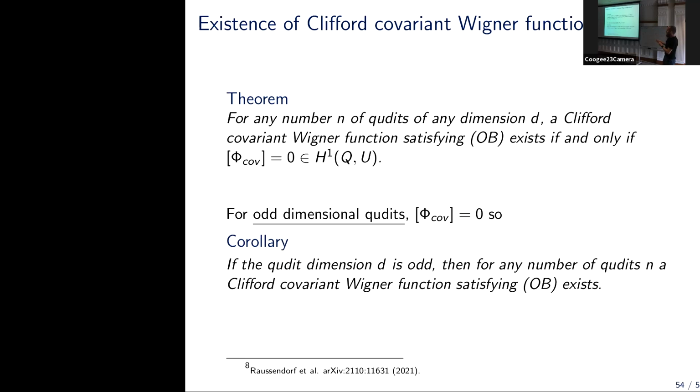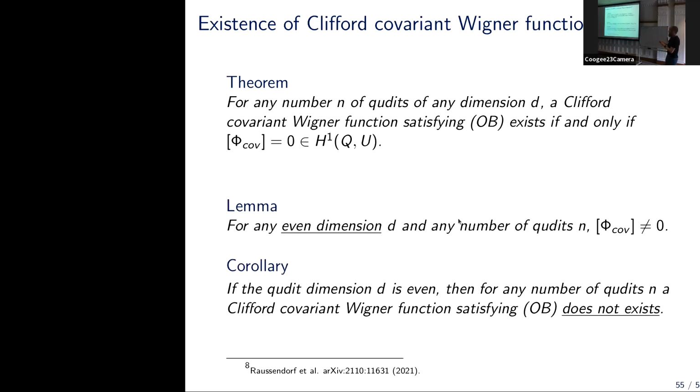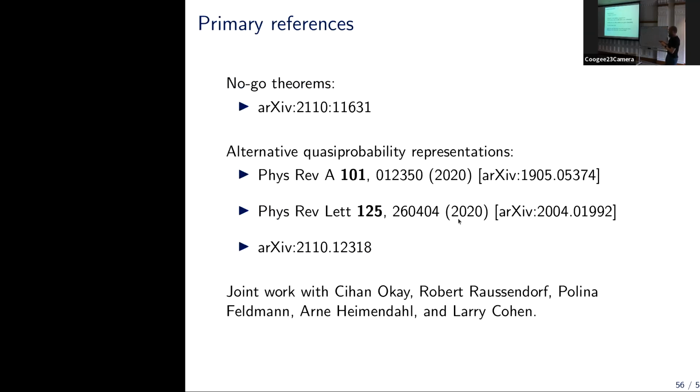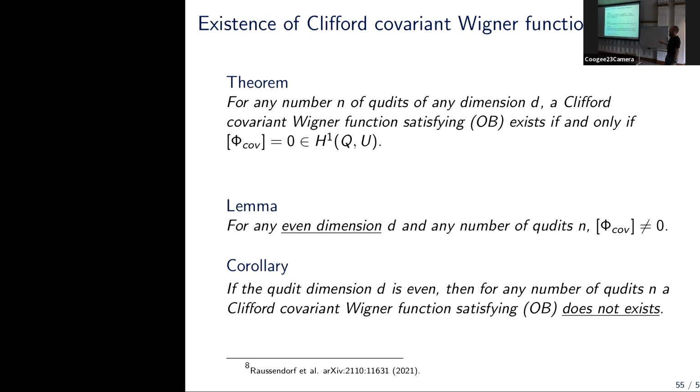For odd dimensions, the cohomology class of this function is 0. For even dimensions, it's not. And this is the thing that tells you when a Clifford-covariant Wigner function exists. When it's 0, such a thing exists. So in odd dimensions, it does exist. But when it's non-trivial, then the Clifford-covariant Wigner function does not exist. So this proves that there's no Clifford-covariant Wigner function for any even dimensional qudits.